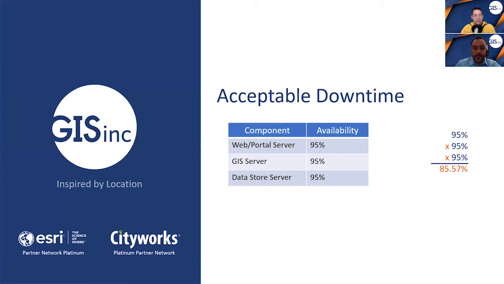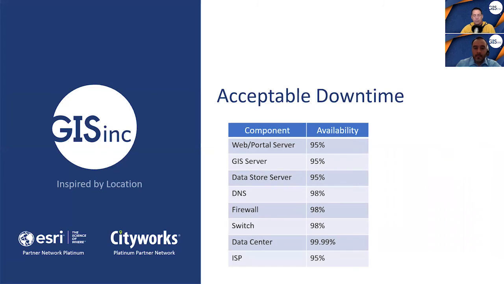Exactly. I think the bigger risk might come into play when we don't take the ArcGIS Enterprise platform and look at that holistically across a data center, like in this example where we have the DNS, the firewall, the switch, the electricity coming in, the internet service provider, right?